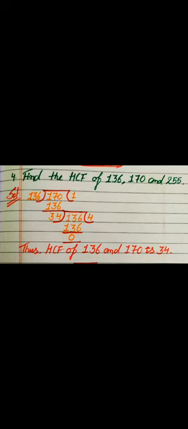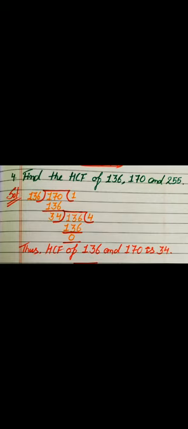Then this remainder will become the divisor for the next division, and the first divisor, 136, will become the dividend for the next division. Now when we divide 136 by 34, we will get 0, as 34 fours are 136. That means we have got 0 as remainder. Now the process is over.